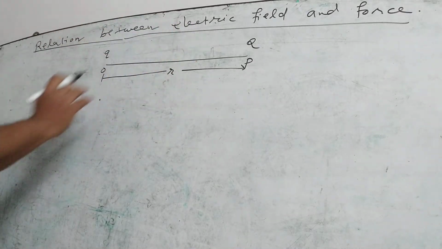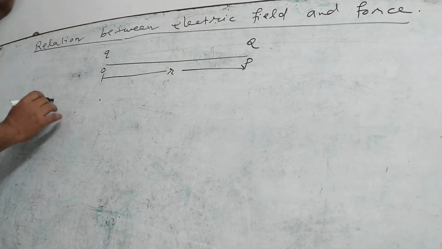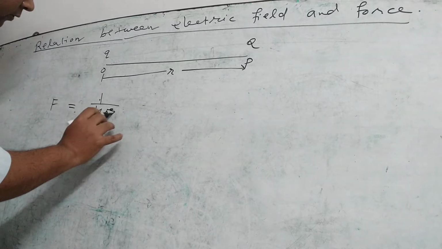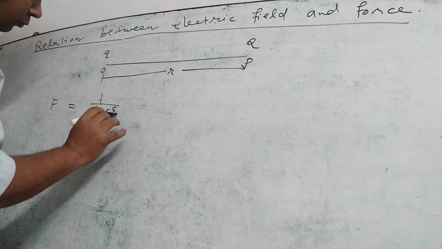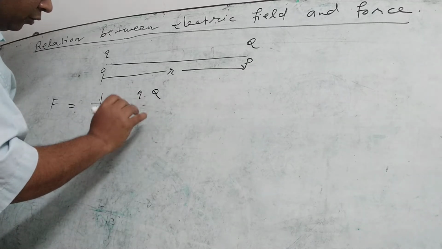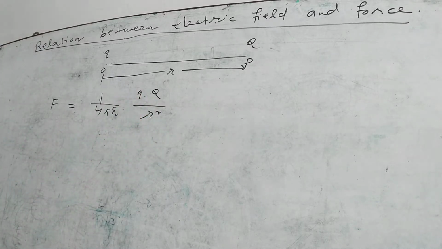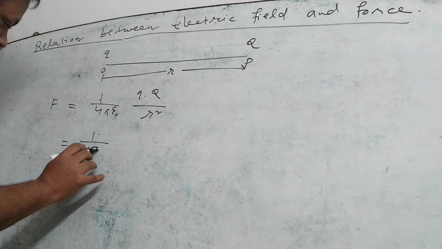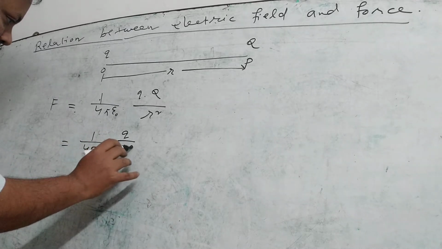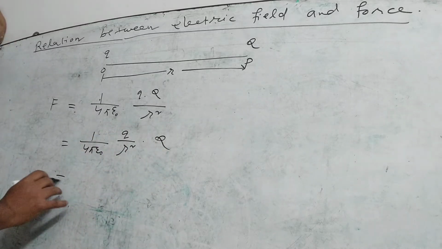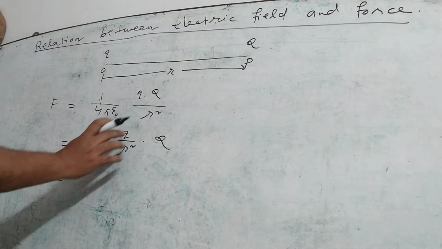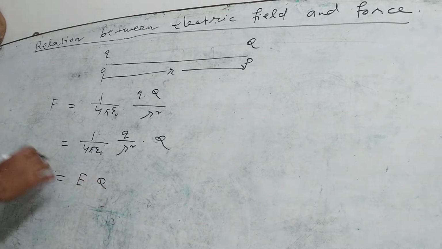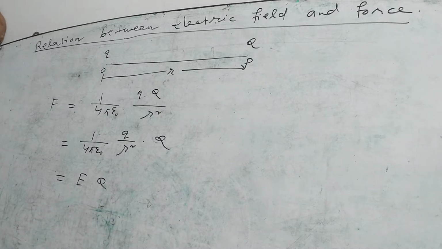The force between Q and P is F is equal to 1 by 4 pi epsilon 0 Q into Q by R square, is equal to 1 by 4 pi epsilon 0 Q by R square into Q. Then we know that 1 by 4 pi epsilon 0 Q by R square is equal to the electric field E. Therefore, F is equal to electric field into charge.